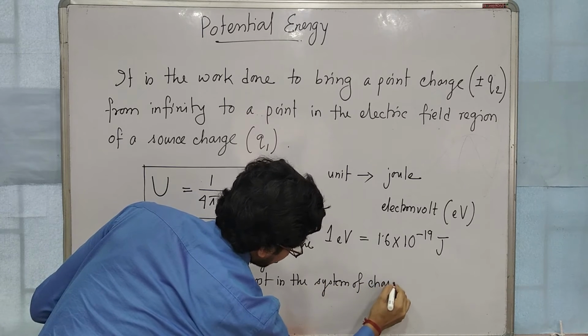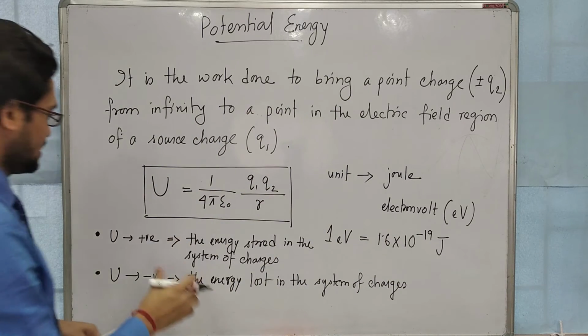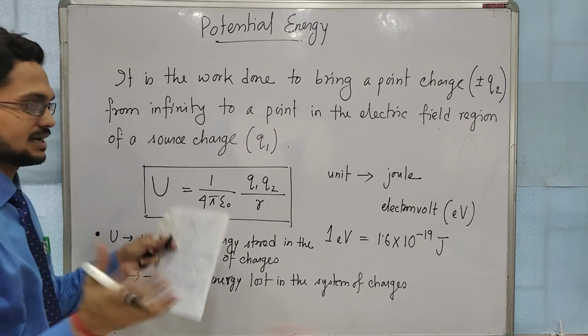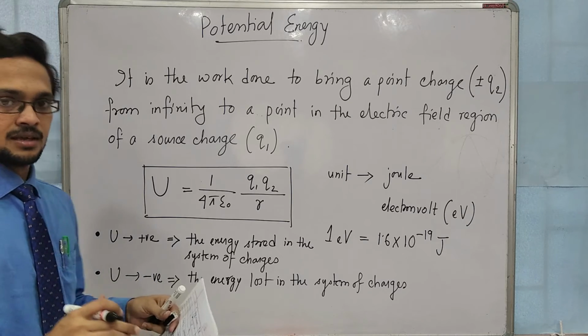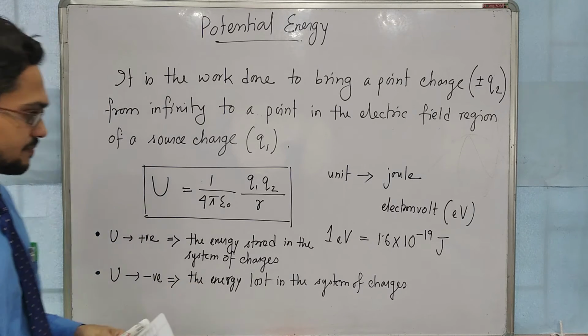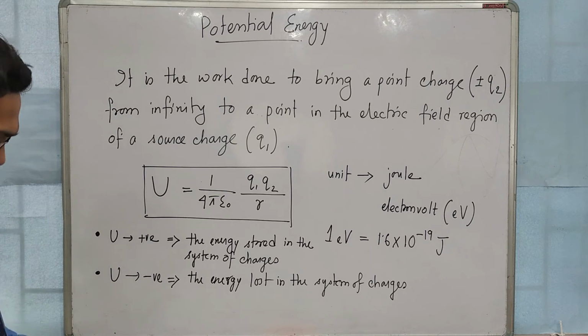So if we bring that point charge from infinity and we see that U is positive, that means energy is stored in that system. And if U is negative, then energy is lost from that system. So these are the two significances of potential energy U.